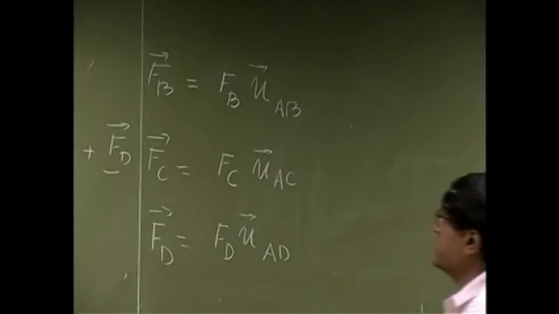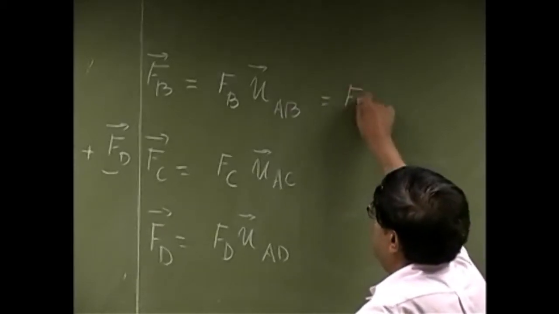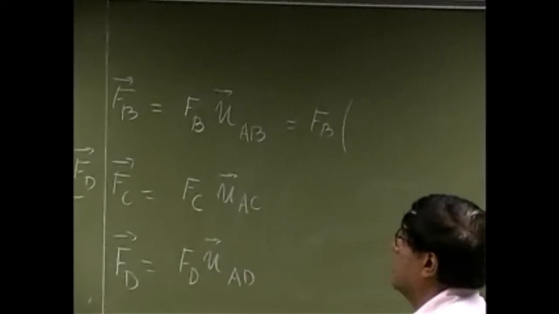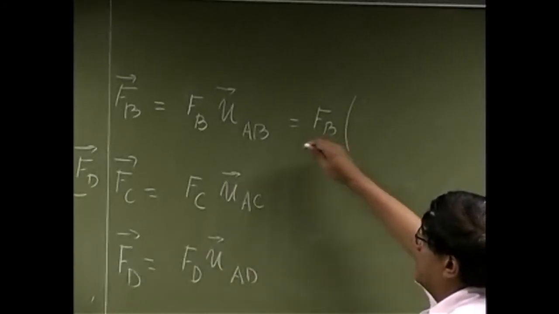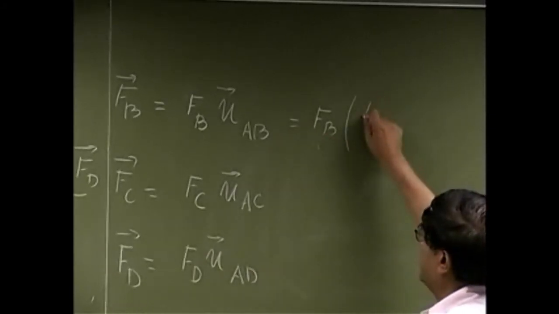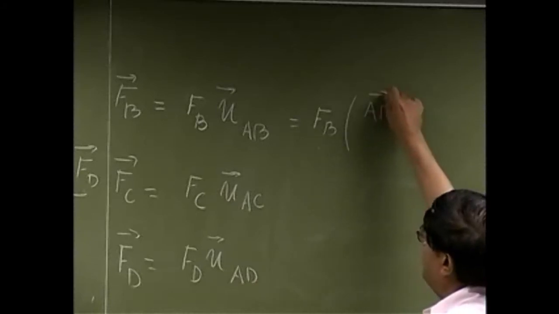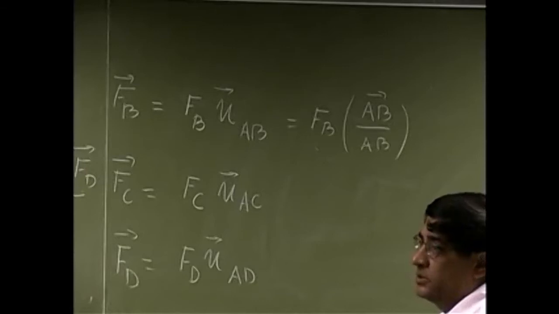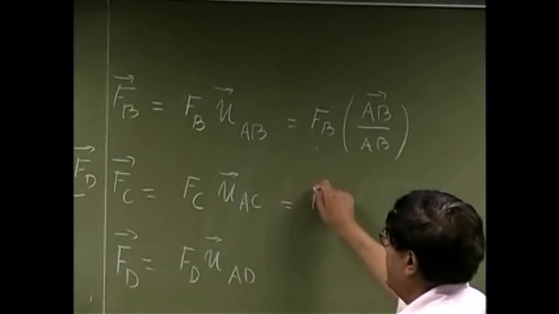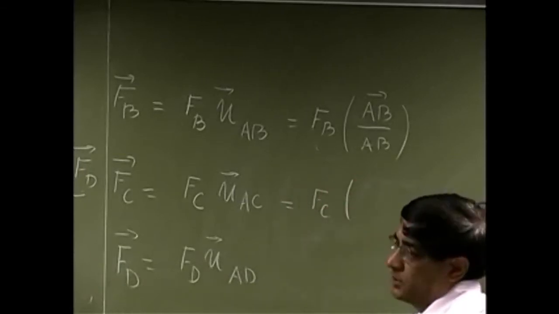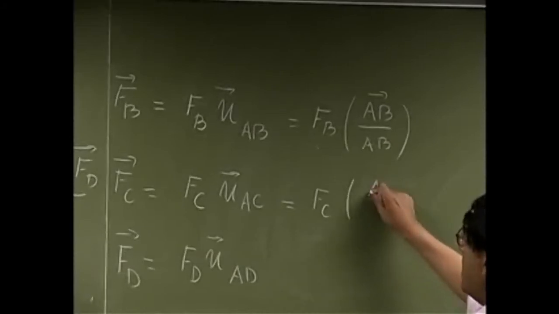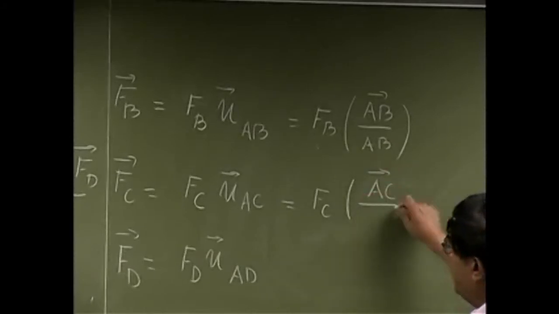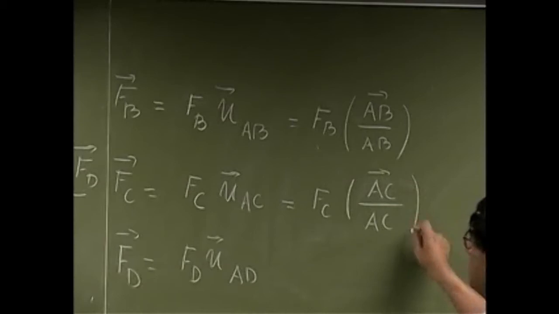Then we can go a step further, and I can say that Fp really is the magnitude, then the unit vector will be a vector from A to B divided by its own magnitude. Then with this thing here will be the force magnitude, and then the vector AC divided by its own magnitude.